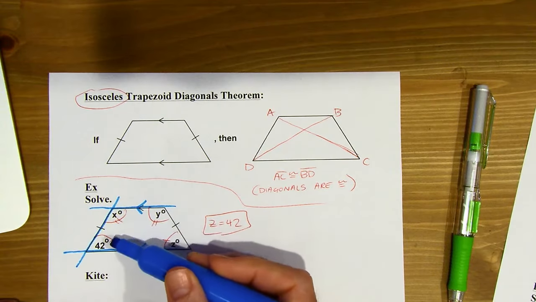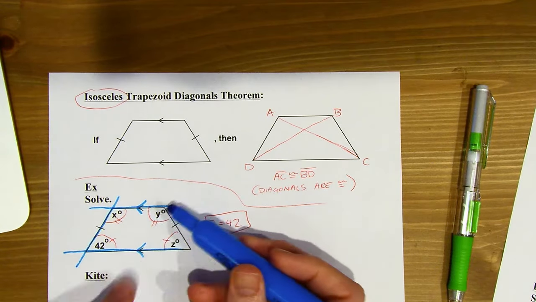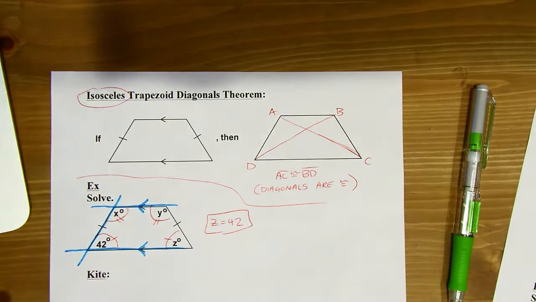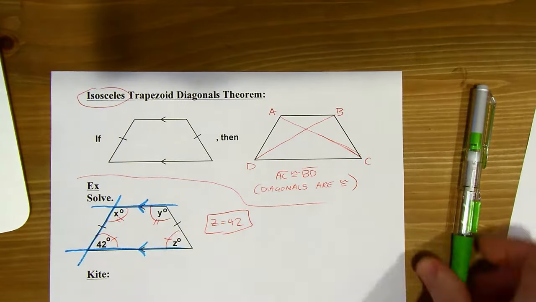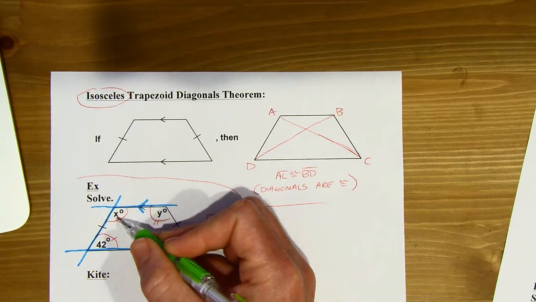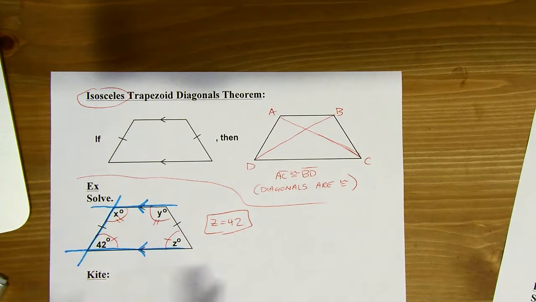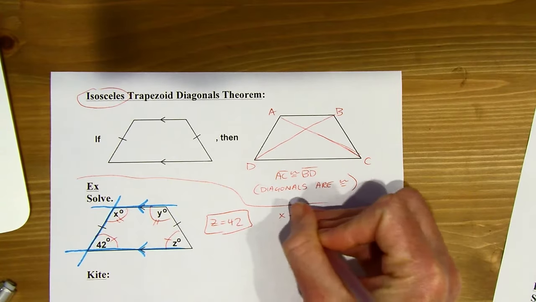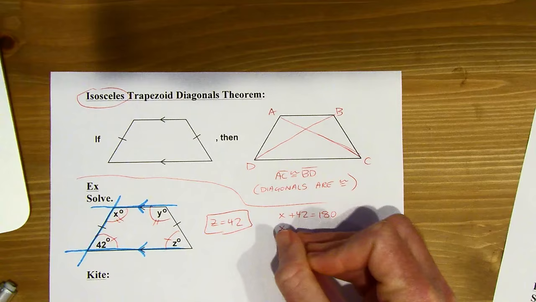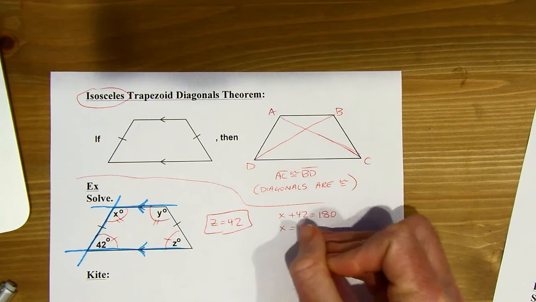Those would be consecutive interior angles when the tracks are parallel, so they're going to be supplementary. You can see they're not congruent. One's acute, one clearly looks like it's obtuse. But I can say x plus 42 equals 180, and that means x is going to be 138.